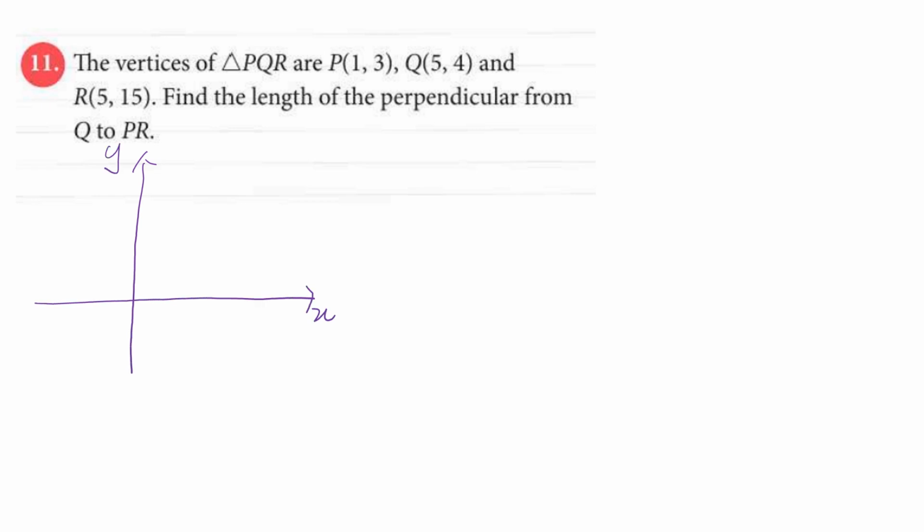All right, so we have 3 points there, point P, Q, and R. Point P is 1, 3, so positive X, positive Y. Roughly, you don't need to be very accurate, but it cannot also be too inaccurate. Q is 5, 4, so 2, 3, 4, 5.